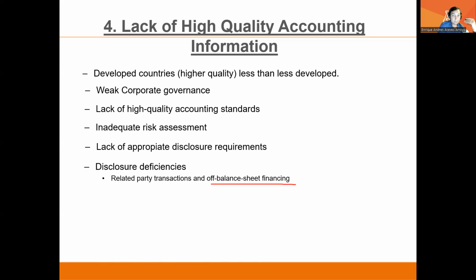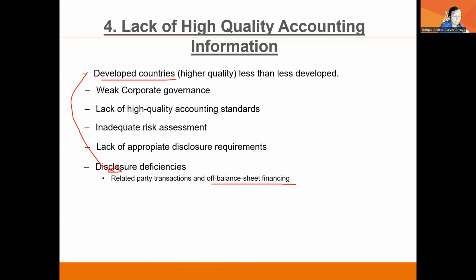But for example, there's a good case, like the Enron case in the US, where they had a lot of off balance sheet financing, which was hidden in plain sight using accounting records. I'm just saying that those issues could exist.